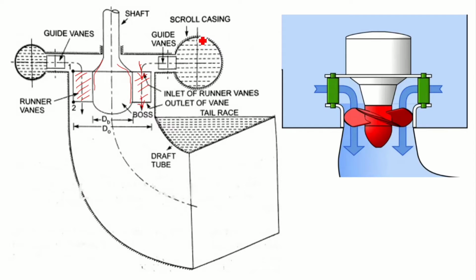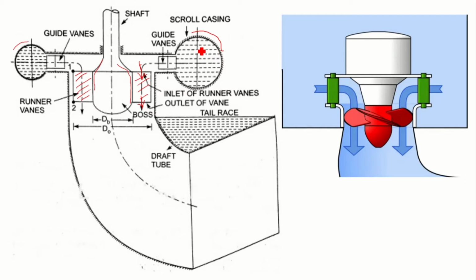And this entire vane and hub is placed inside a casing which is known as the scroll casing. If you have a look at this casing, this portion is larger compared to this portion. That means at the inlet of the turbine the area is larger.